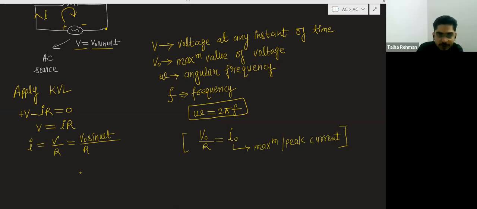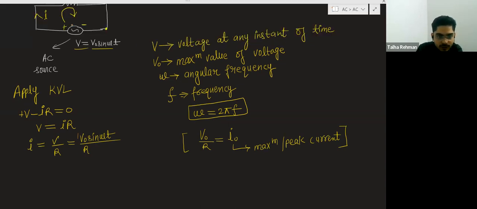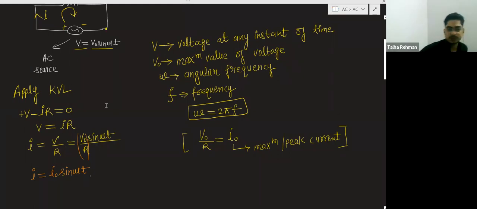So V naught by R, for this V naught by R, I can write I naught. So basically we have an equation I is equal to I naught sine omega t. So now we will get the current equation.